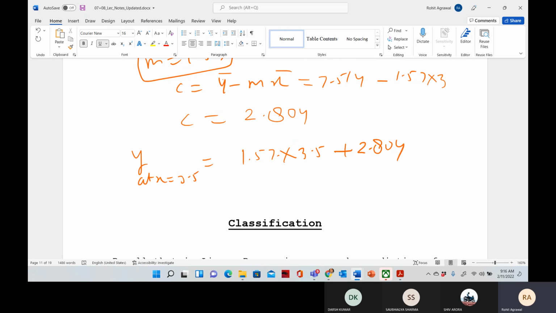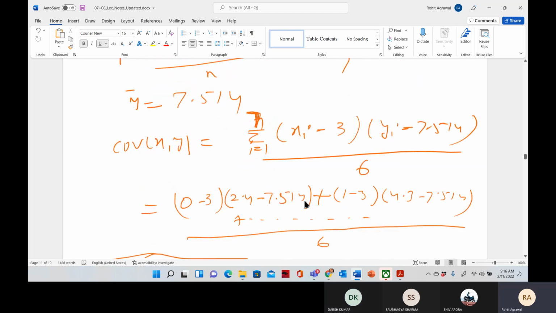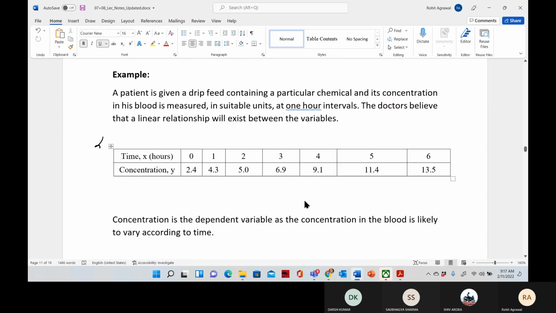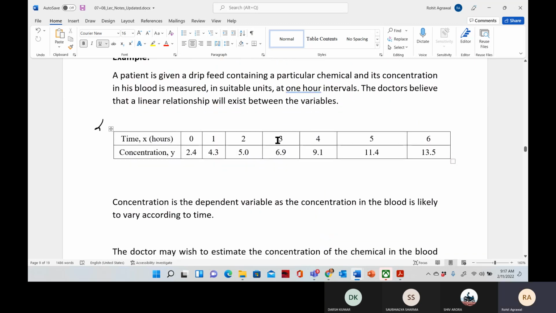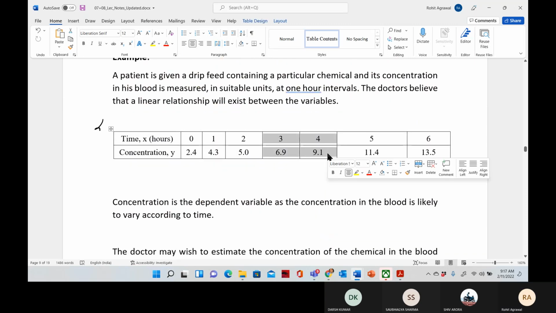So it is 8.299. Clear? Yes. Now see, it is in between this. Yes or no? Yes. है ना?